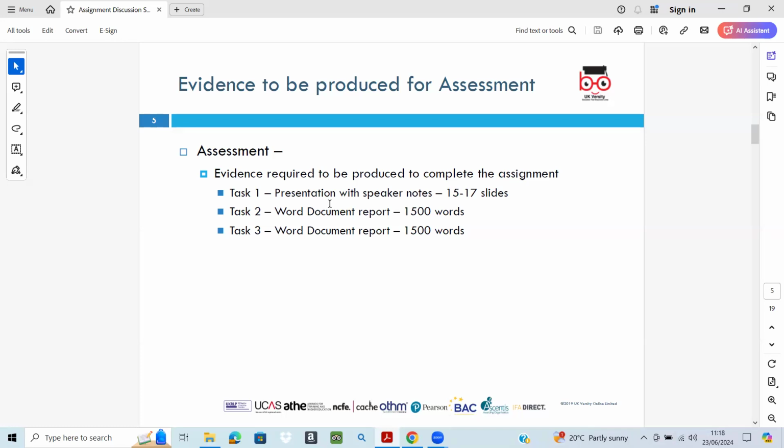First we will have the merit criteria after the passing criteria, then the distinction criteria, so 2M and 2D. I hope I'm making sense, if you understand it.